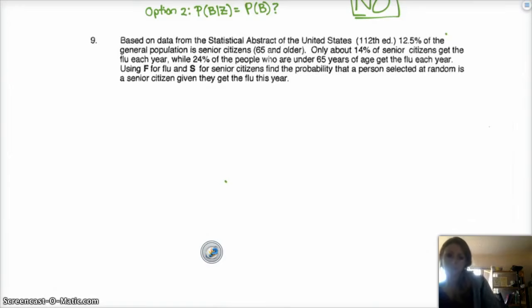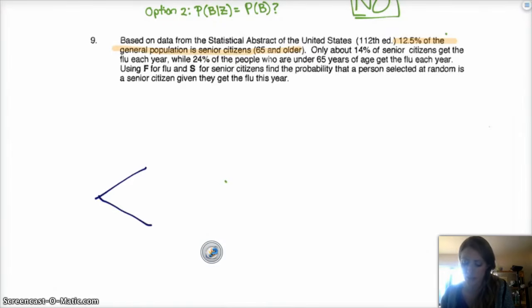Okay, in this case, I think a tree diagram might be kind of nice. You have your initial situation, that 12.5% of the general population are senior citizens. So I could do seniors and the rest of the population, the general population.